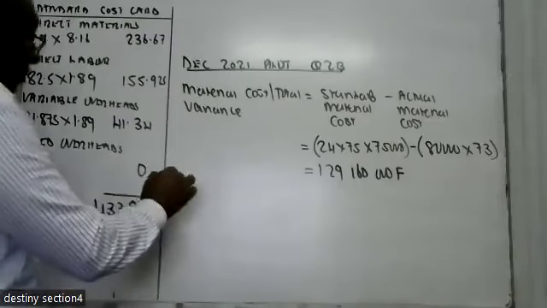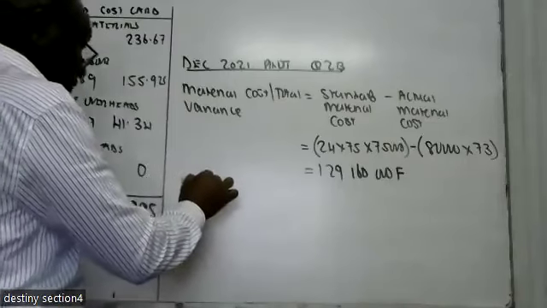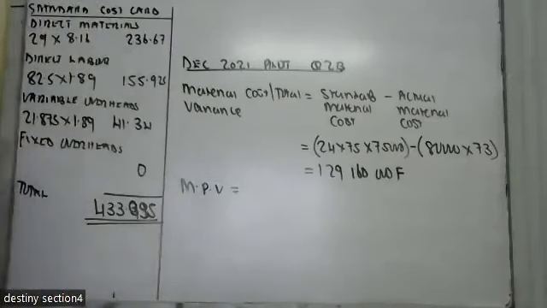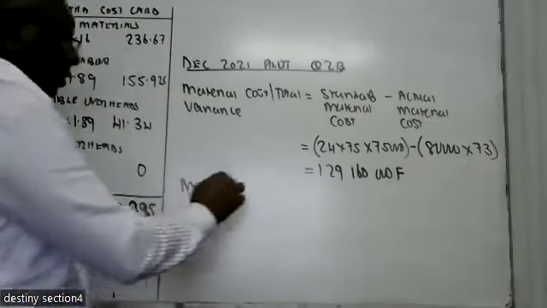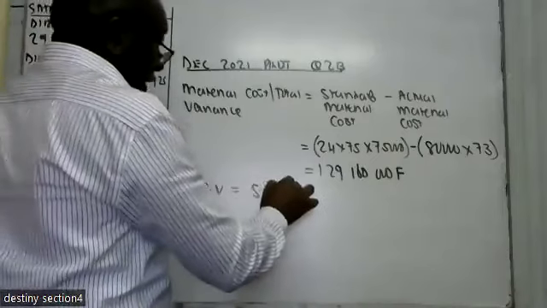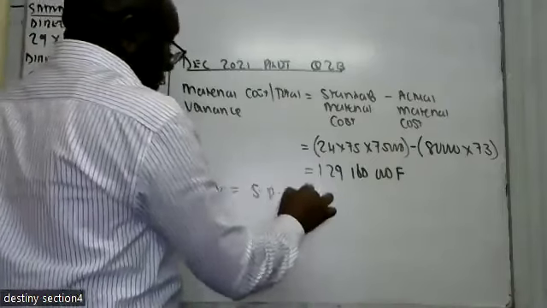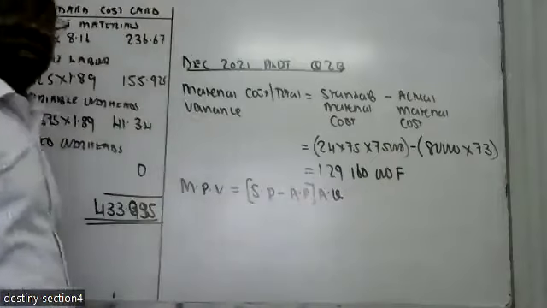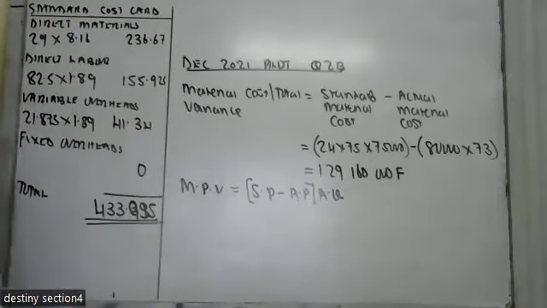Material price variance. Now we can even use it in issues, because we already have the formula elsewhere. Material price variance, which is standard price minus actual price, you multiply by actual quantity. But in the exam, you don't use issues to write in full.